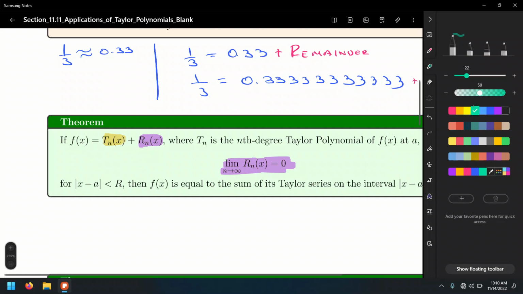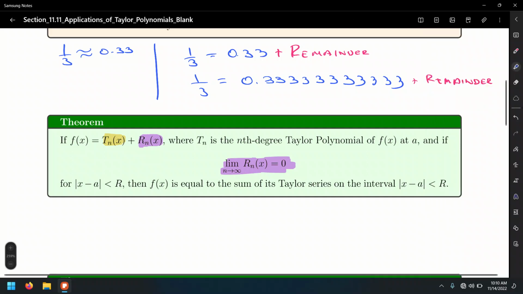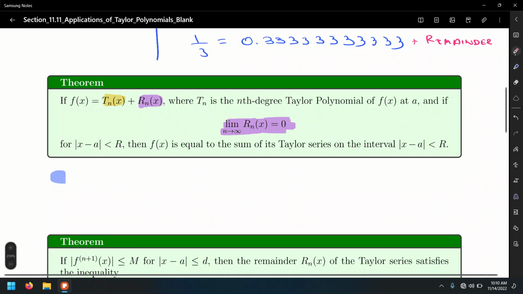Let me give you another example now with functions. For example, if we have the function e to the x, we can expand a few terms of its polynomial form. I'm going to use the Maclaurin polynomial, just so we don't get into too many details with the expansion. That's 1 plus x plus x squared over 2 factorial plus x cubed over 3 factorial.